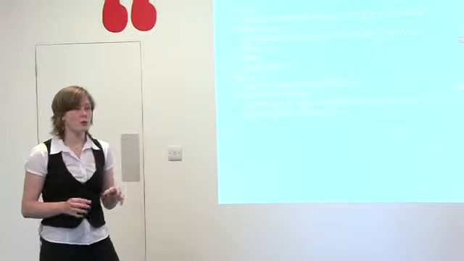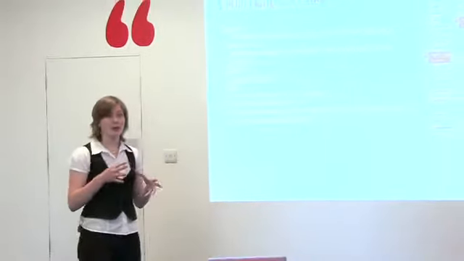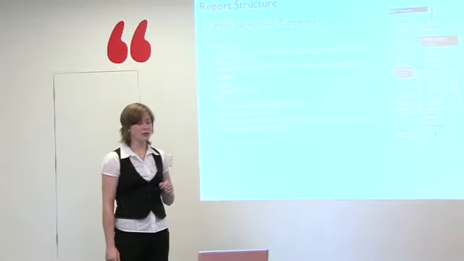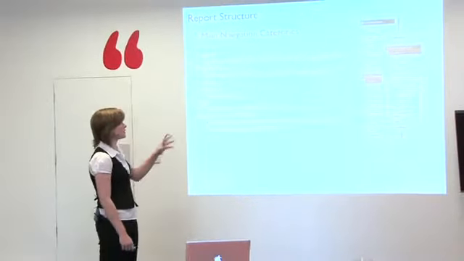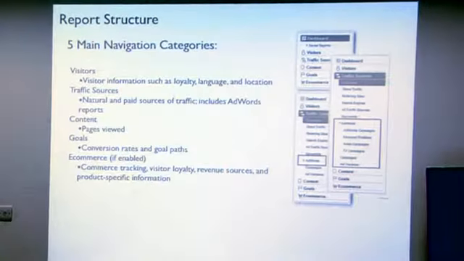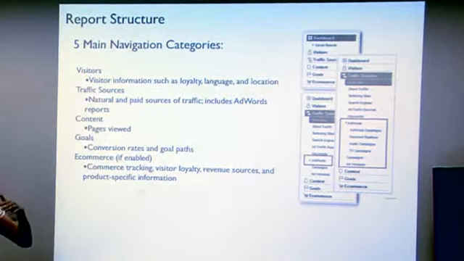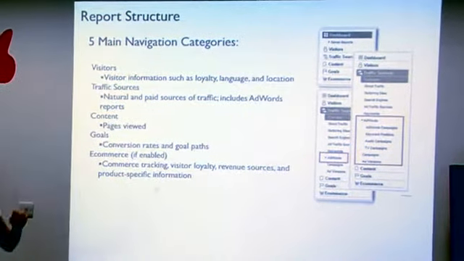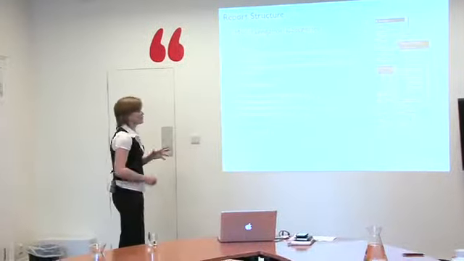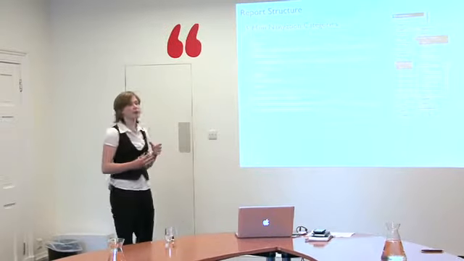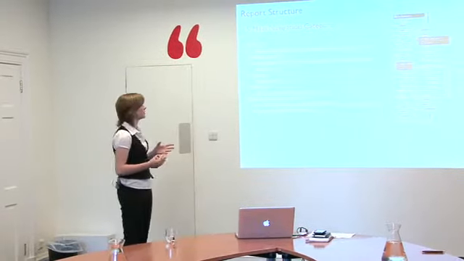Some people may not see the e-commerce there if it's not set up, but Javier will talk a bit more about the e-commerce setup later. So to view a report, all you need to do is simply click on the link there, and some of them, like AdWords, will have additional menus you can view, but we're going to go through each of those main categories later.